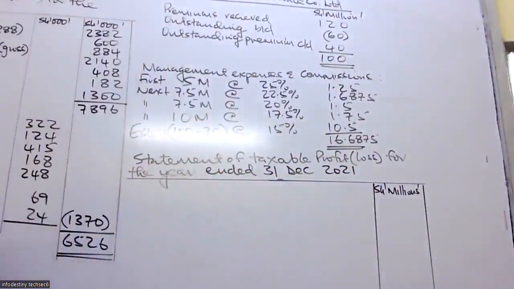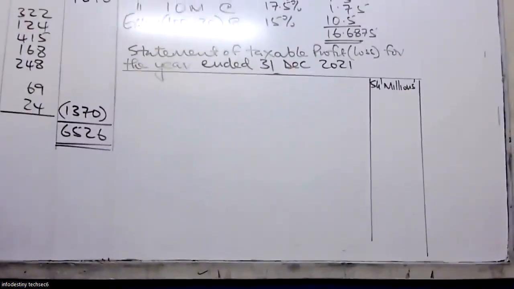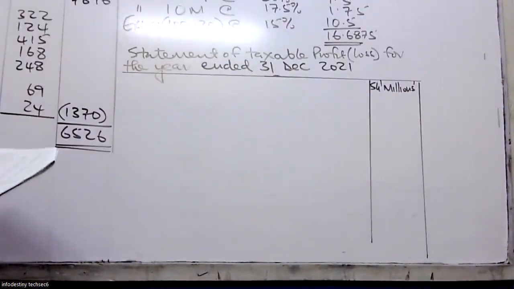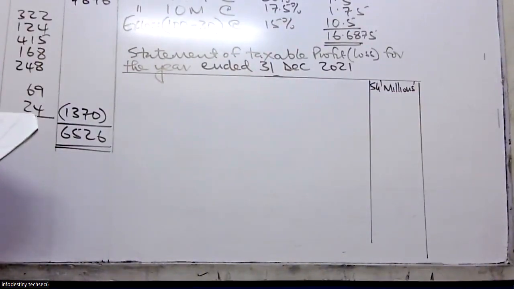Usually transfers from the life assurance fund are given. If you check the question, you're going to find that information there. Like here, the fund balance was valued by an actuary at 220 million as at 31st December. 40% of this fund balance was recommended to be transferred for the benefit of the shareholders.